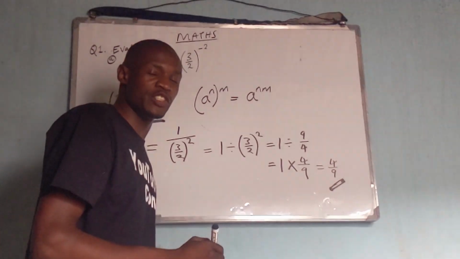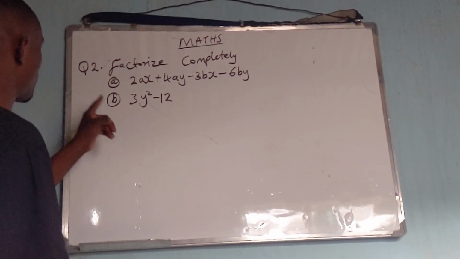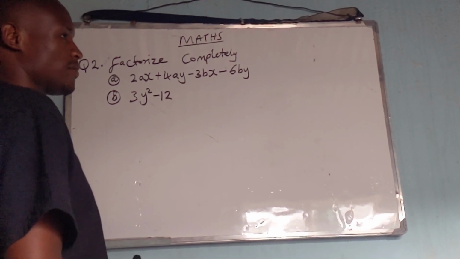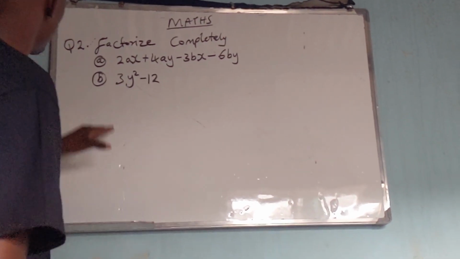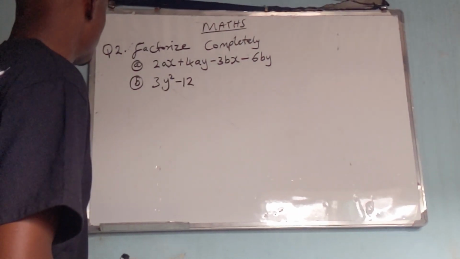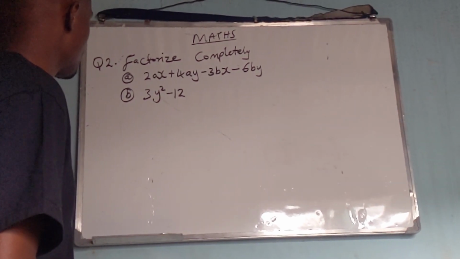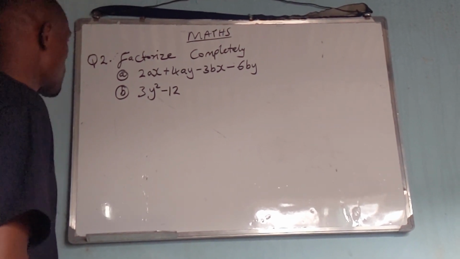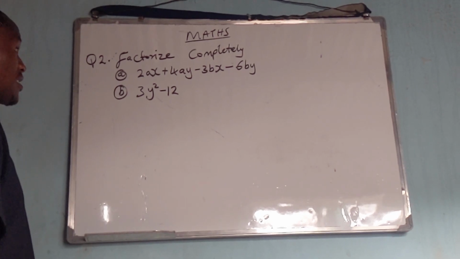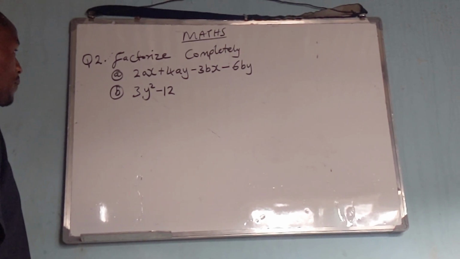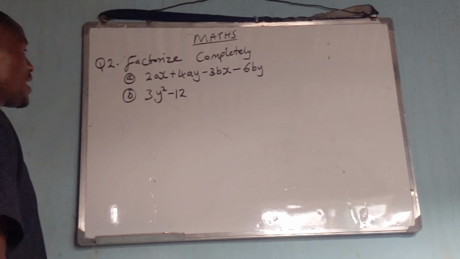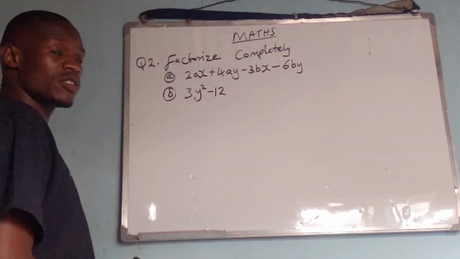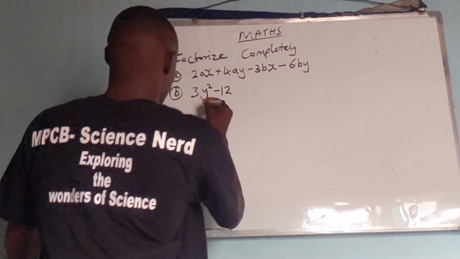Let us dive into the second question. Factorize completely. A: 2ax plus 4ay minus 3bx minus 6by. B: 3y squared minus 12. Solution.